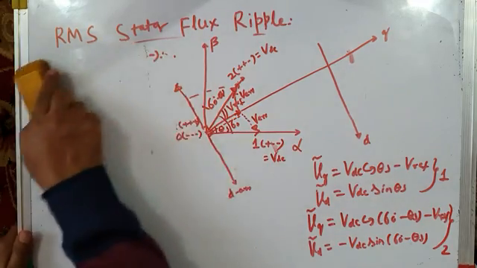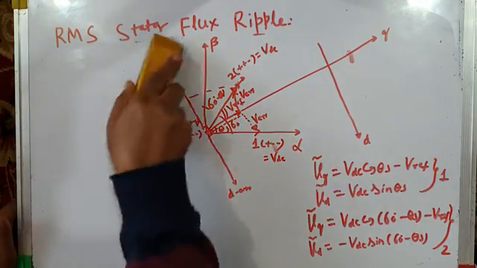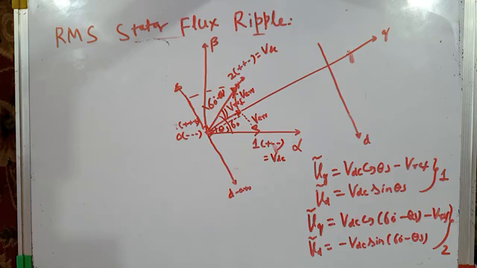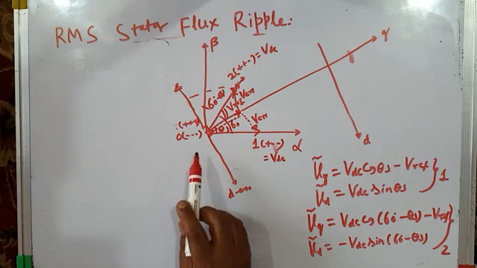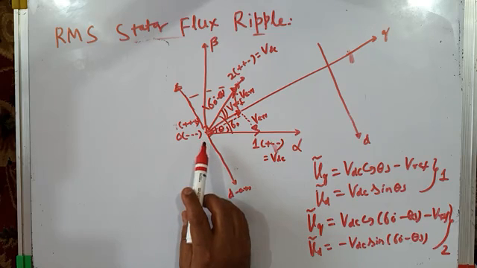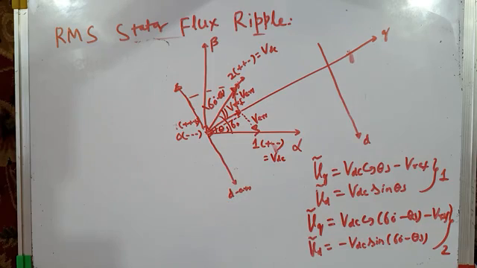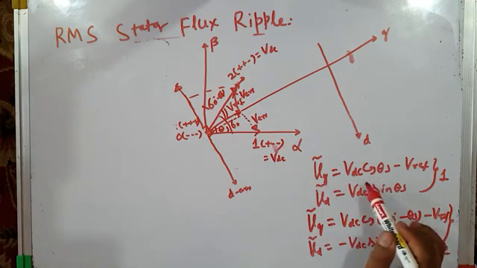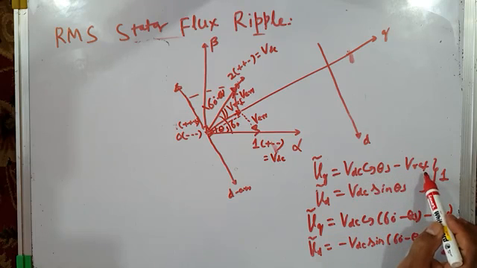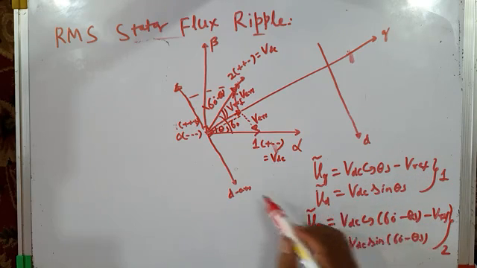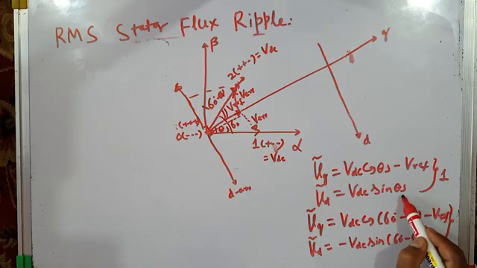Right. So this is just a revision of what we have done in the last class. When the null vector is applied, the component of the error voltage vector along q-axis is minus Vref, and it has no component along d-axis. When active vector 1 is applied, the error voltage vector along q-axis is VDC cos theta s minus Vref, and along d-axis is VDC sine theta s.